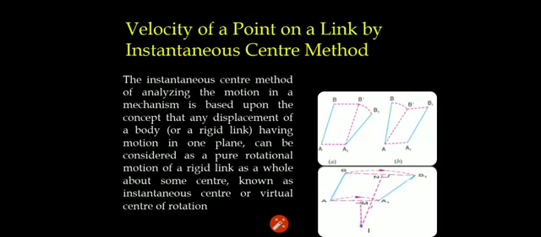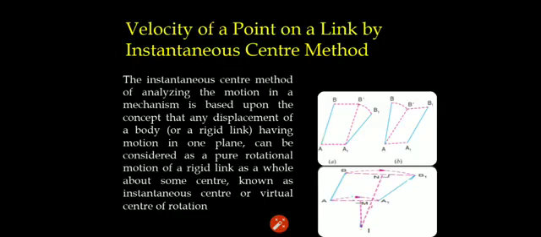Now this method is based upon the concept that displacement of any link having a motion in one plane is considered as pure rotational motion, and the complete motion is about some particular center, and that center is nothing but instantaneous center of rotation.